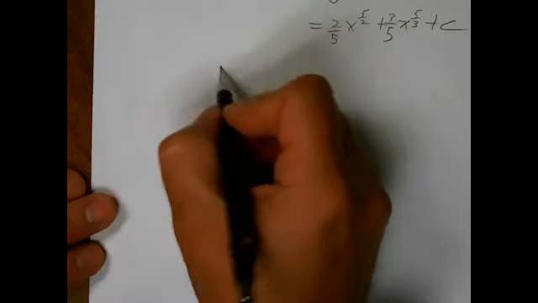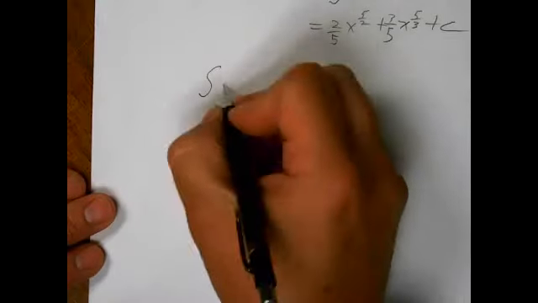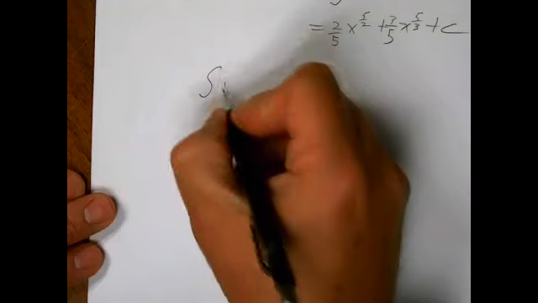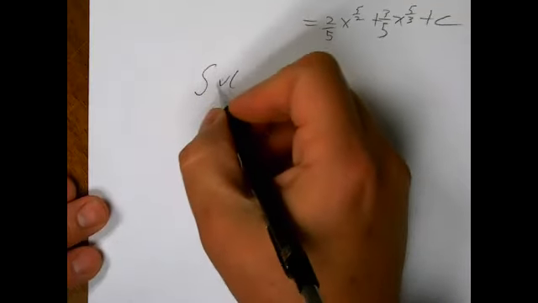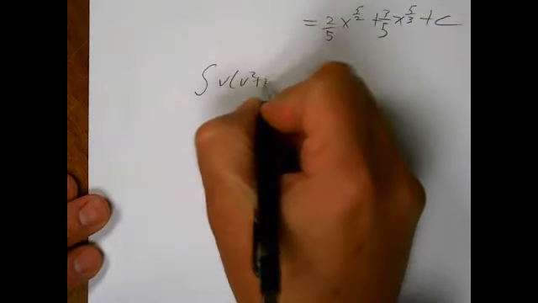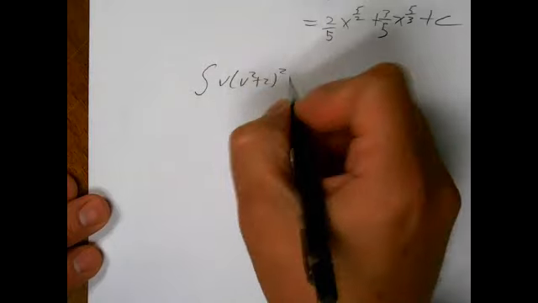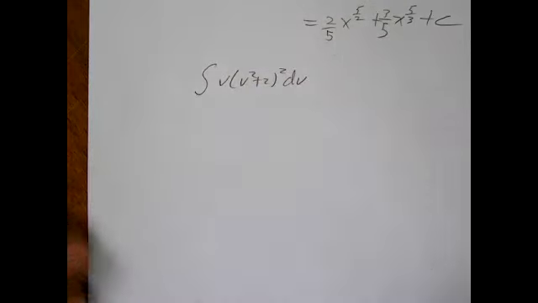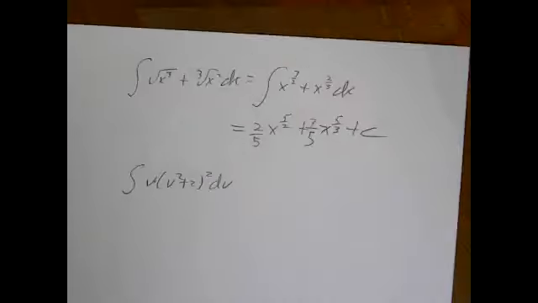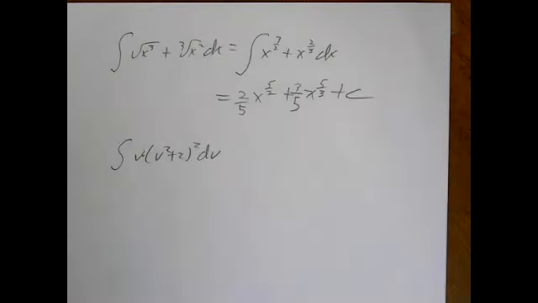All right, if you had something of the nature v times the quantity v squared plus 2, squared, dv, since I have a product here, I can't integrate this as it sits. There will be a technique, a trick that we use later for that.